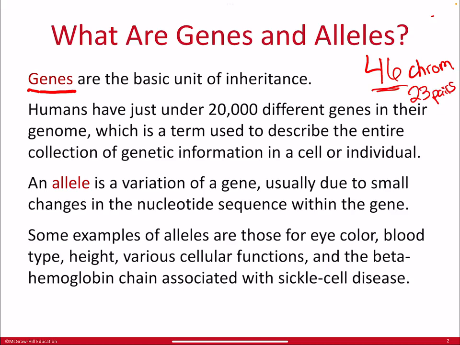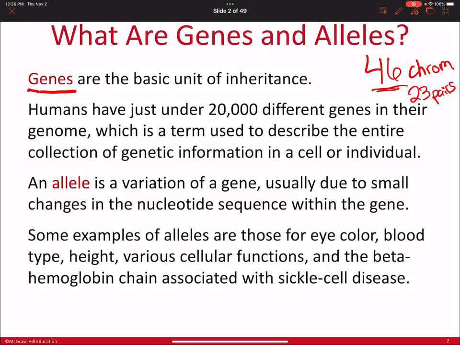And on these chromosomes, we have different types of genes. So let's say here we have a chromosome that we got from our mom, and here we have a chromosome we got from our dad.